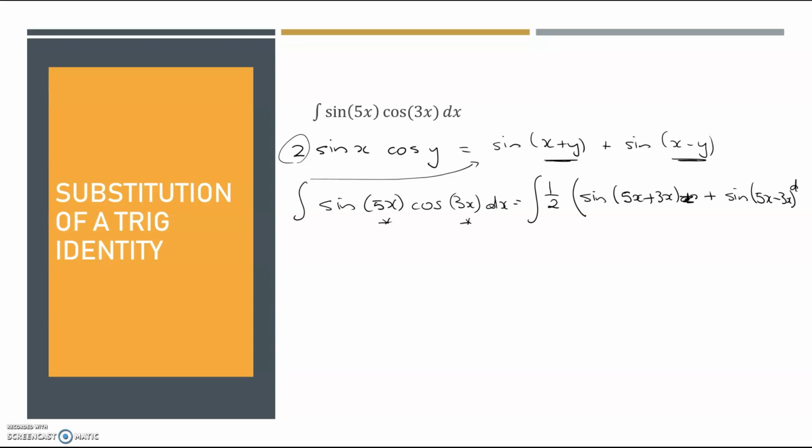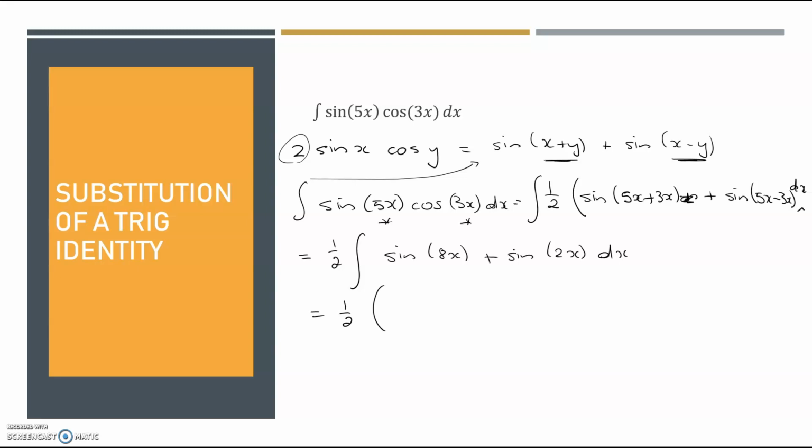Then I can put my dx in there. So what I'm ending up integrating is sine 8x plus sine 2x. Now please don't be tempted to add that. All we have to do is integrate them in little bits.